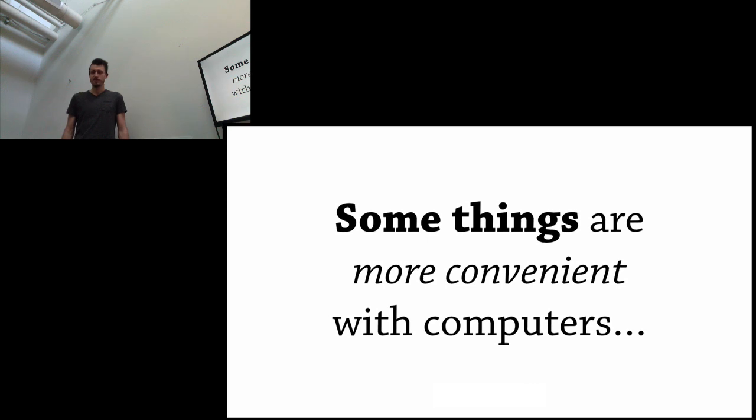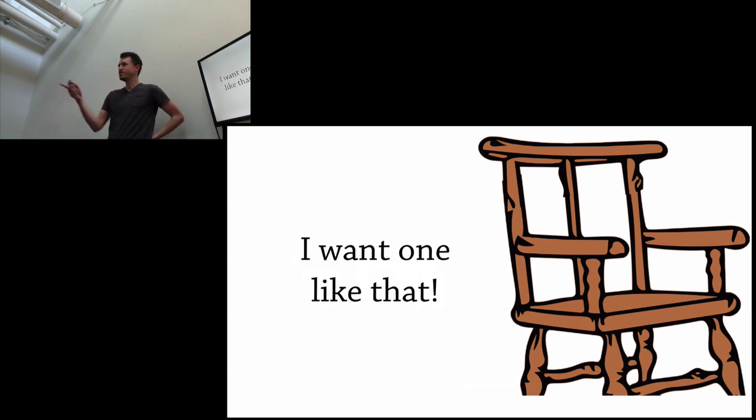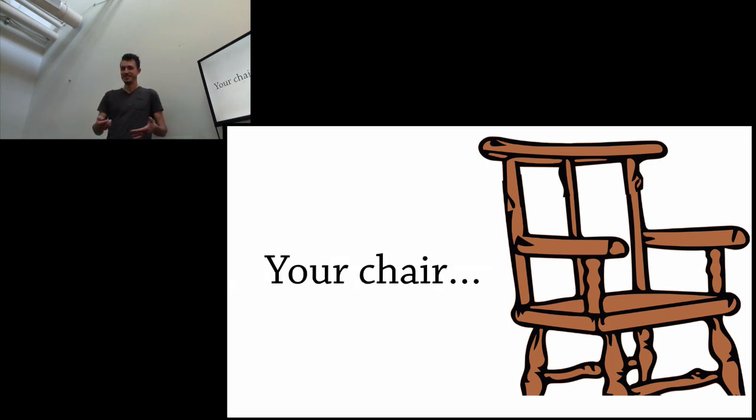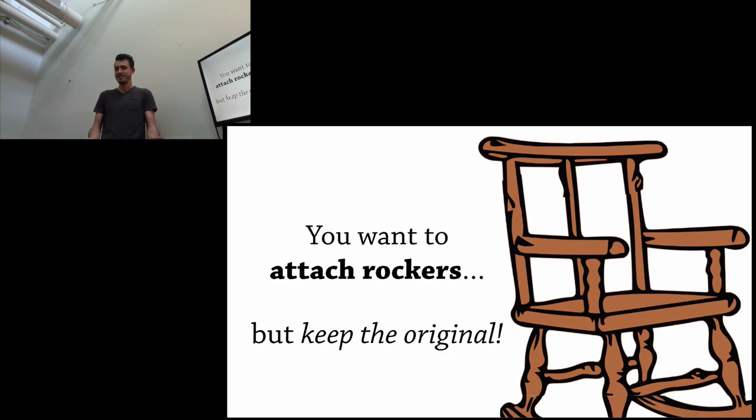So, did you realize that some things are more convenient with computers? Like, think of the chair that you're sitting on. Say I wanted one just like that, and I told you, can I have a copy? That doesn't quite make sense. Or if you wanted to attach rockers on your chair to make a rocking chair, but you also wanted to keep the original, so you wanted a rocking chair and the chair you had.